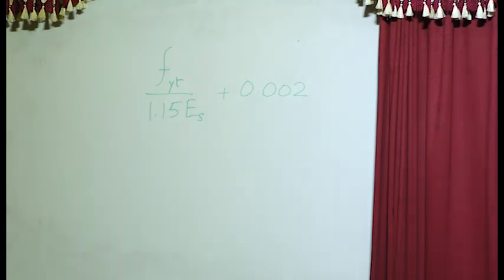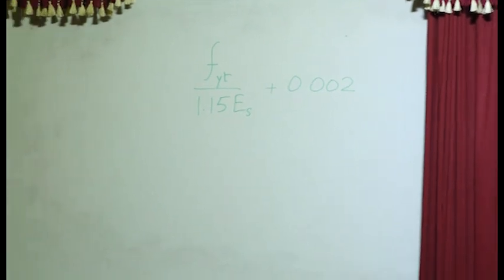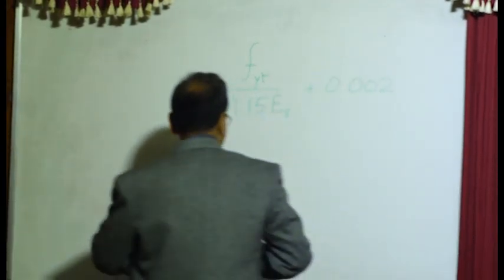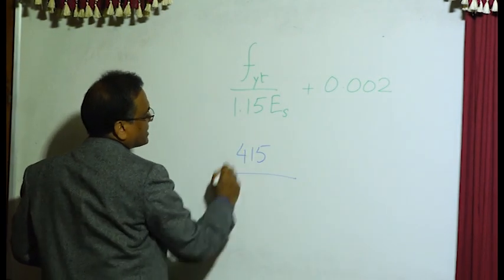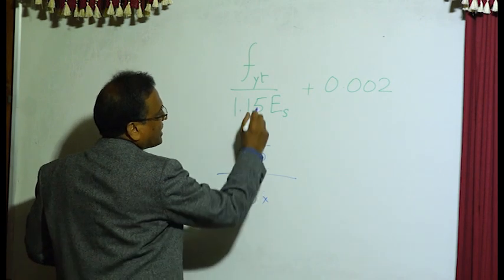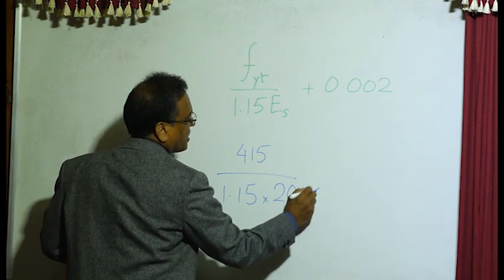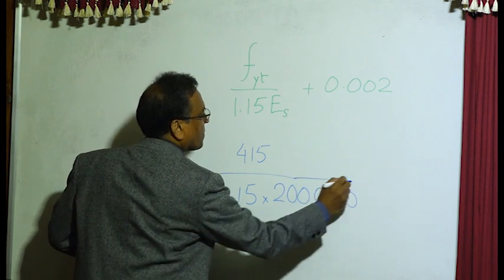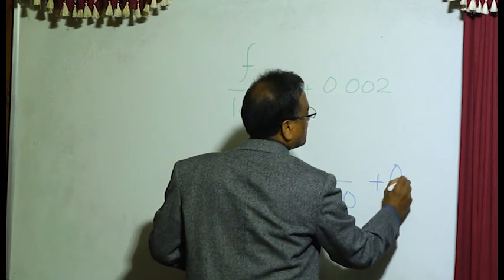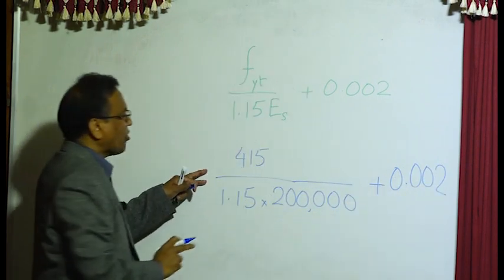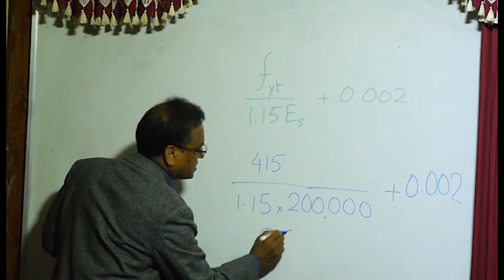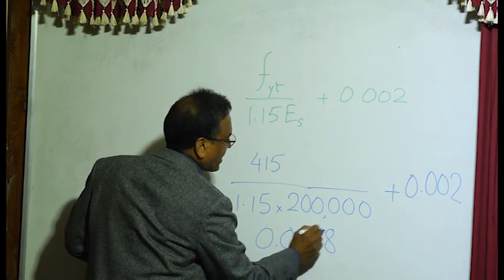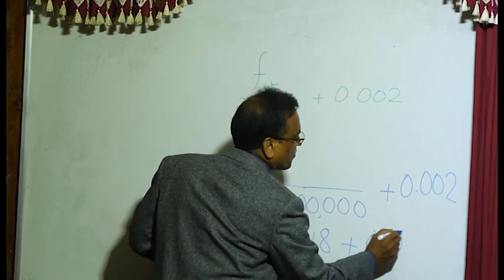Yes. This is compatible with a tension control section. If I use, let's say, Fy is 415, divided by 1.15, and Es is 200 GPa, plus 0.002, the first term works out to be probably 0.0017 or 18, something like that, plus 0.002.